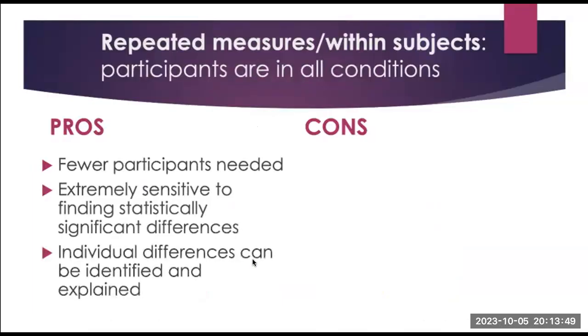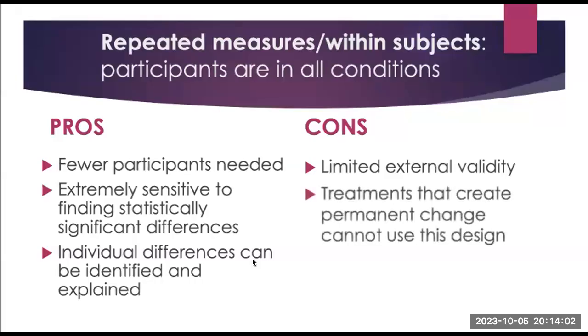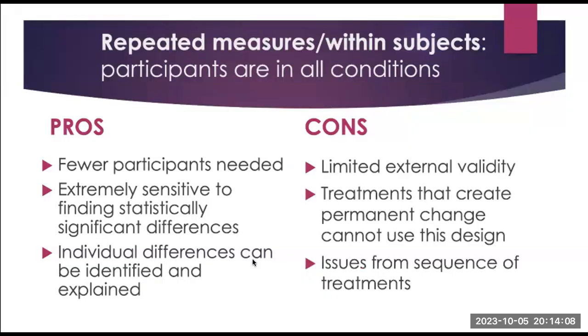So as I mentioned, individual differences can be identified and explained. What's the con? Well, it limits its external validity if you don't have a varied group of participants. The treatments that create permanent change cannot use this design, as I mentioned before. And you could possibly have some issues from the sequence of the treatments that you're introducing to the participants.